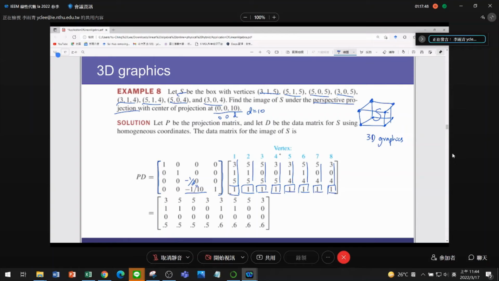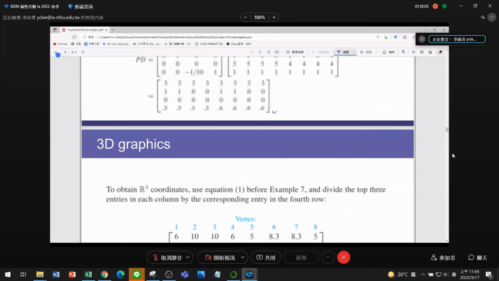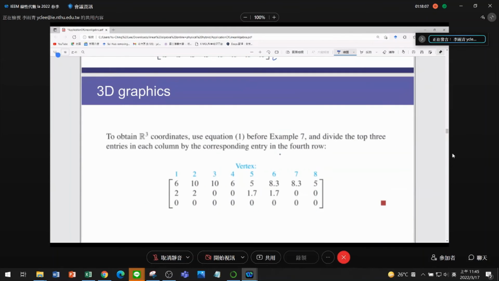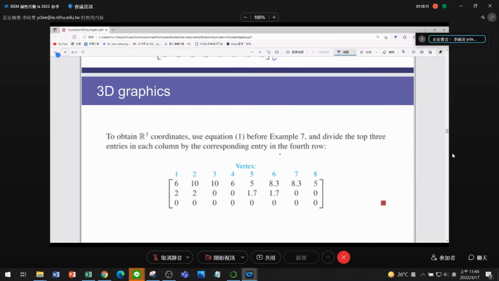So now I have a 4×4 matrix times a 4×8 matrix, and I can obtain the result like this. But now I'm still on the homogeneous coordinates. The next step is to transform it back to the 3-dimensional space.